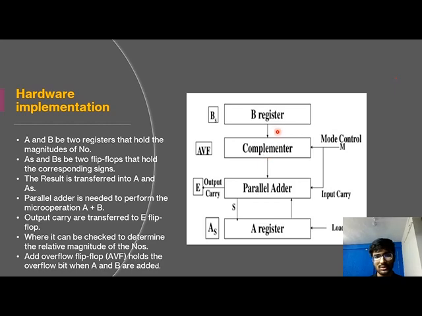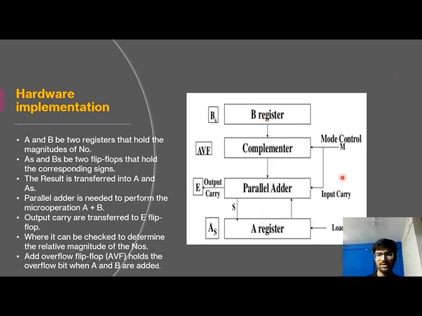If we are adding B register data into A register data, that is A plus B, we are doing ADD A, B in assembly language. So we are adding B register data to A register data.